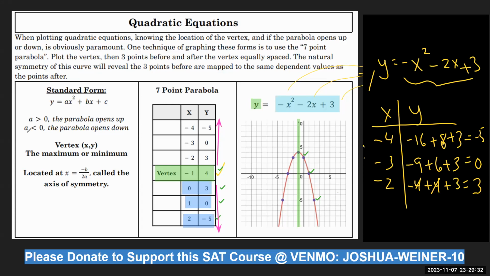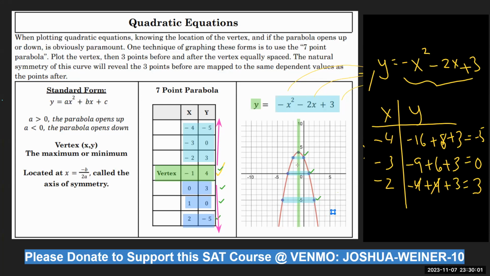If I highlight it in light blue again, these values are 1 unit away from the vertex. The distance from the center line is 2 units, and we have the same y value. If we step away 3 units from the axis of symmetry, we also have the same values.